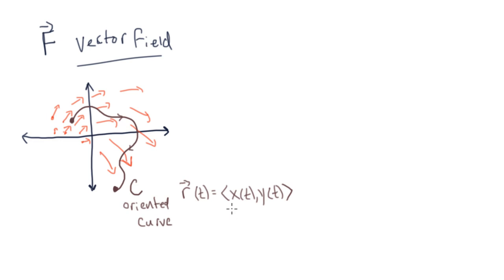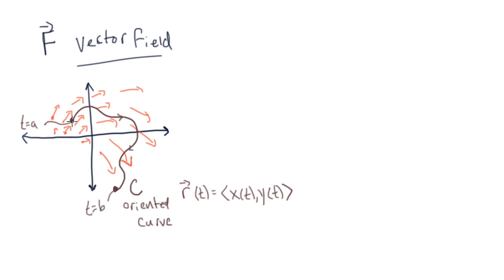Now we want to depend on a physical analogy when we talk about the line integral. We want to think about the curve being the path of a particle. So this is the path of a particle here. Here's t equals a, that point, and this point we'll say is t equals b.